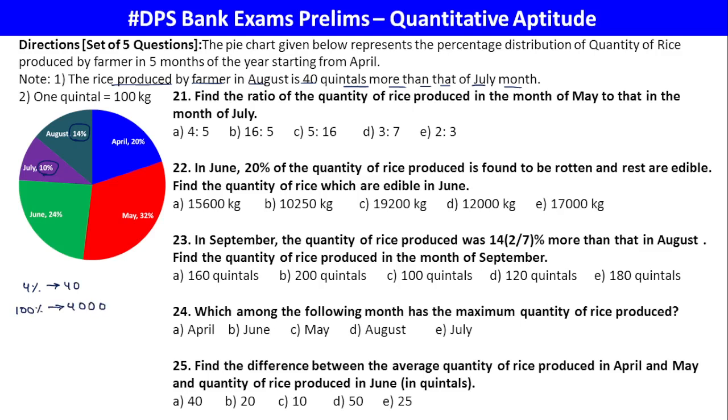Right, 100 percentage. If we multiply everything by 10, okay. Find the ratio of quantity produced in month May to July. May 32, July 10, which means 16:5. Option B is the final answer.